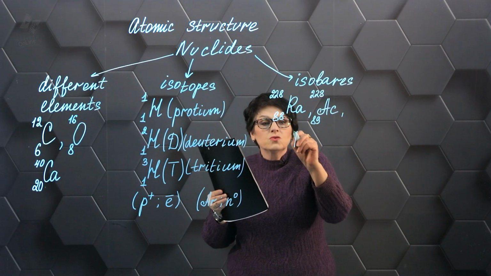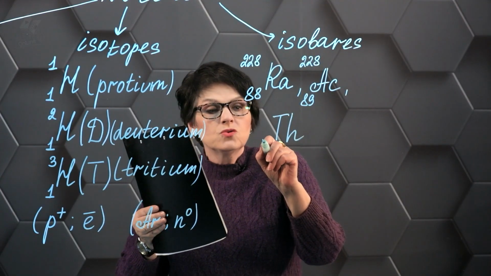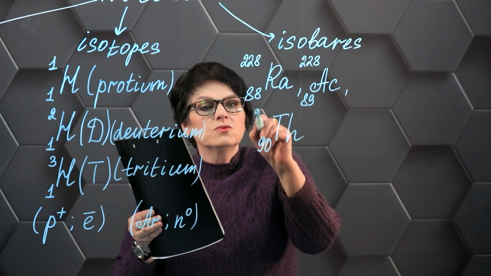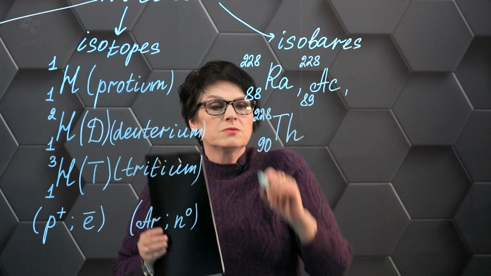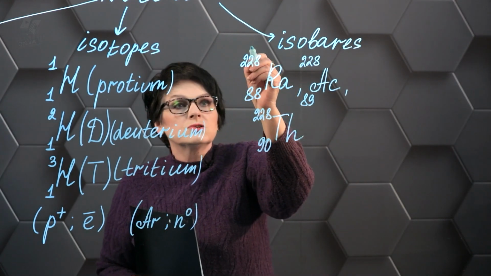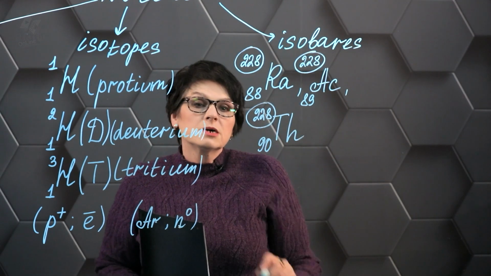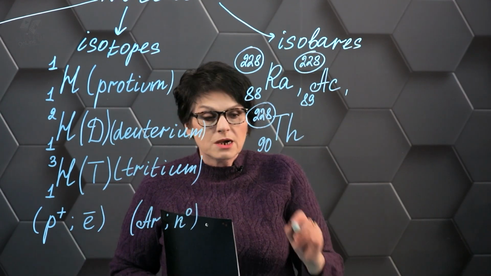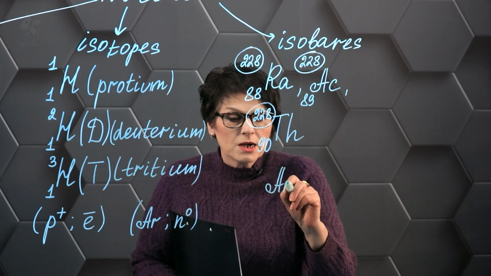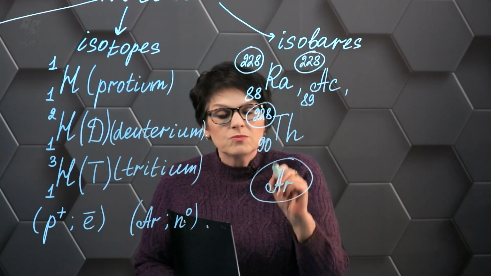Or, for example, thorium, which has the number 90, but it has the isotope 288. From this, it is easy to see that the isobars will necessarily have the same relative atomic mass, although they are different elements.